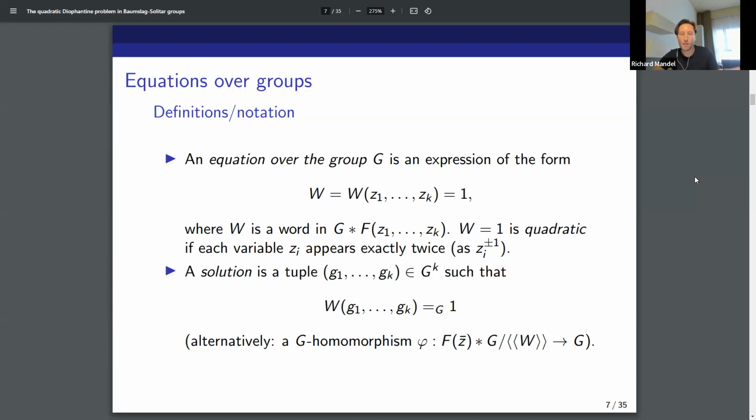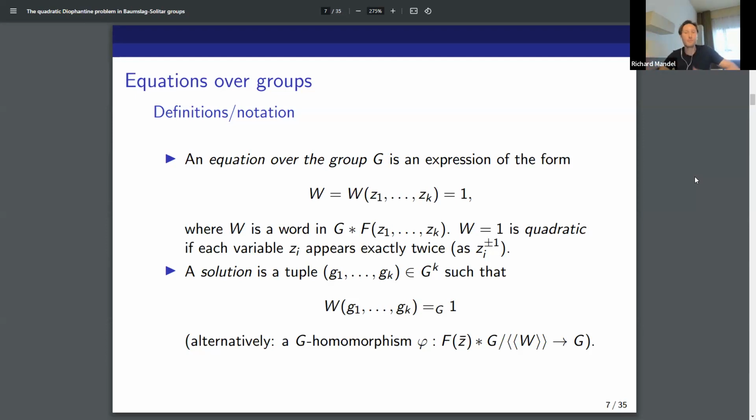There are other definitions where each variable has to appear at most twice, but we go with the strict definition where each variable appears exactly twice. It seems a little bit arbitrary, but these equations have very nice properties.